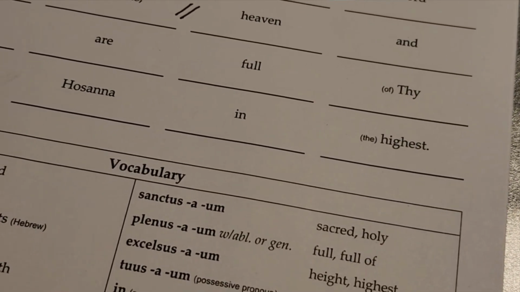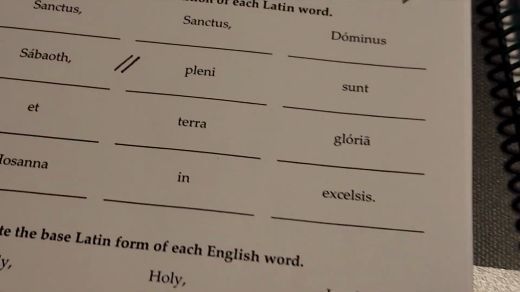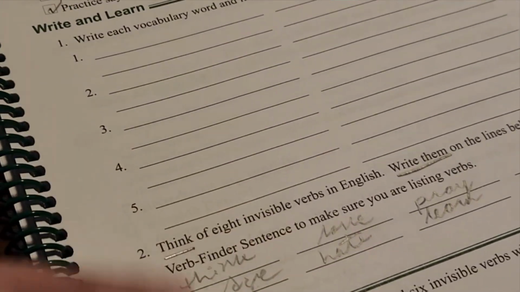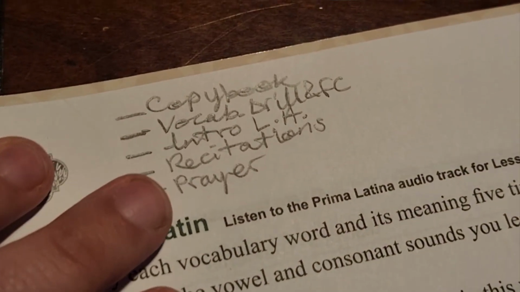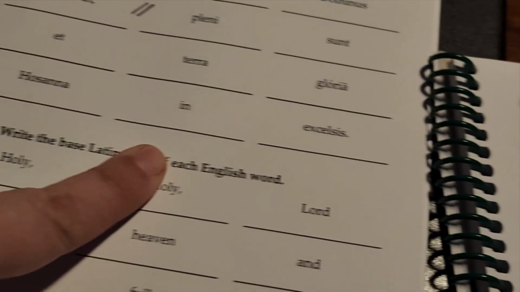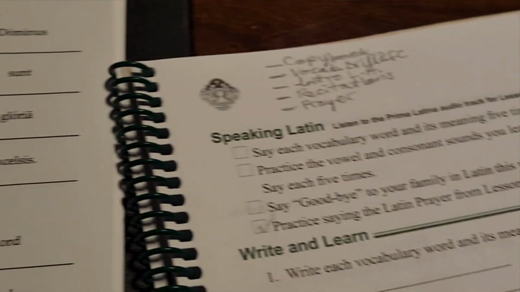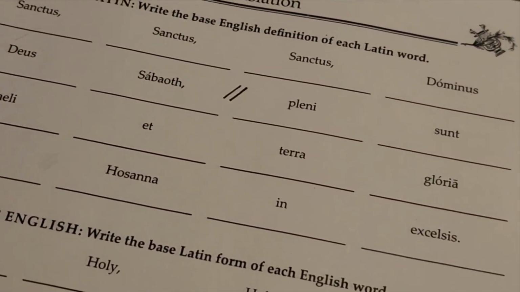Let me see here. Okay, so that's the copybook. This, and I already showed you the verb or the vocabulary drills. Okay, so this is the intro to Lingua Angelica, which is L.A. It's not Los Angeles.